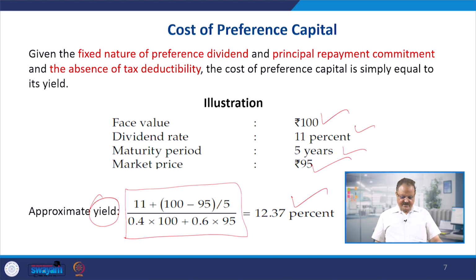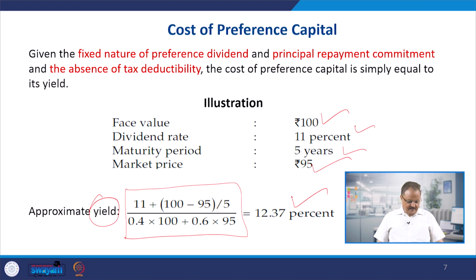So you can calculate the cost of the preference capital like the cost of the debt capital, because the approximation method is applicable in both cases. And if you compare the features of both the sources, they are also comparable, because tenure is fixed, the amount is fixed, the dividend rate is prefixed. Both have the face value and the market value.